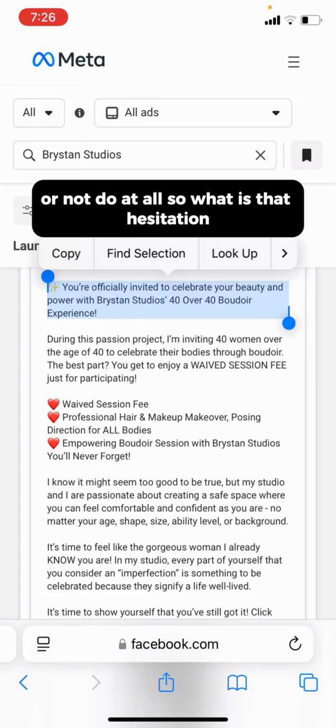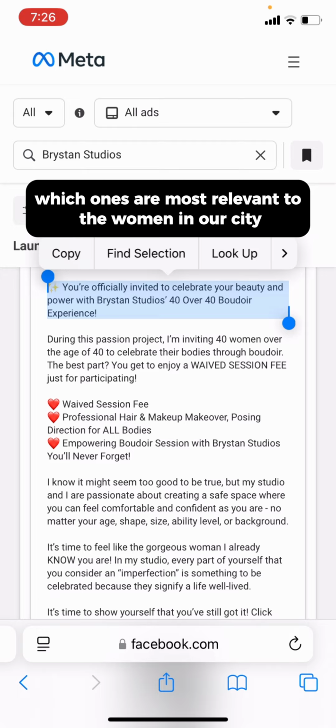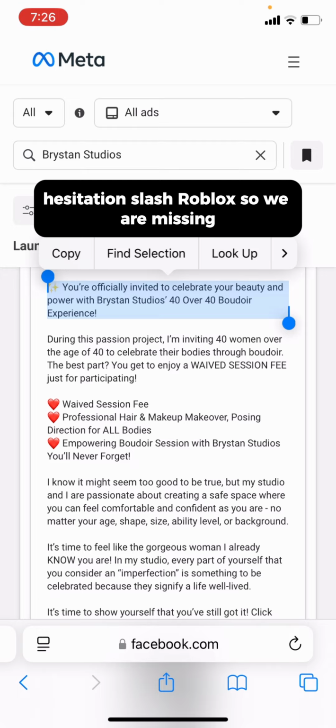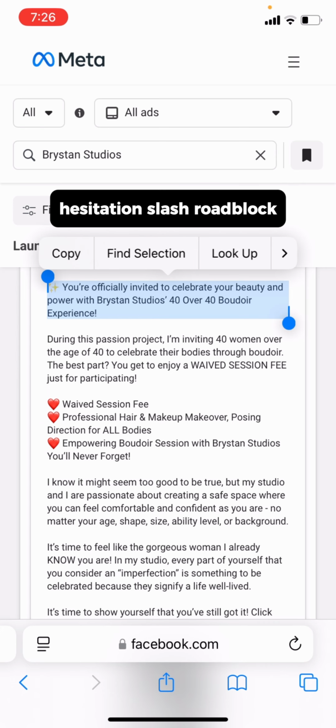So what is that hesitation? And yes, we test all these things. The data tells us which ones are the winners and which ones are most relevant to the women in our city. So we're missing this hesitation or roadblock. So we are missing the triangle of mental tension: negative, positive, hesitation or roadblock.